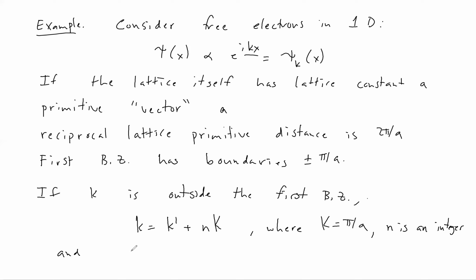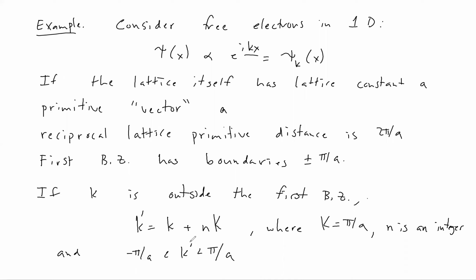And k prime exists between minus pi over a and pi over a. So let me actually switch the notation here to say that given some wave vector k outside the first Brillouin zone, we can define a new one, k prime, which is in the first Brillouin zone here.